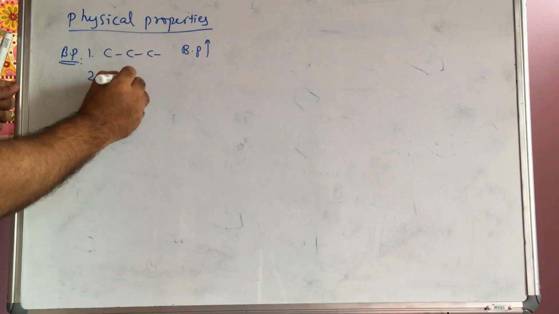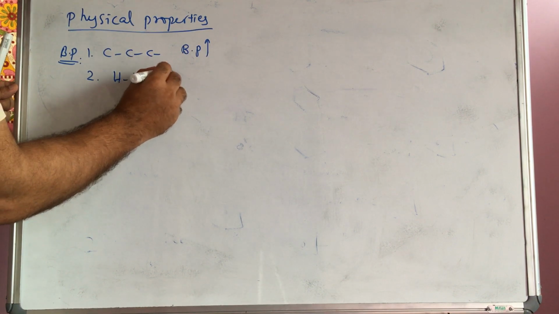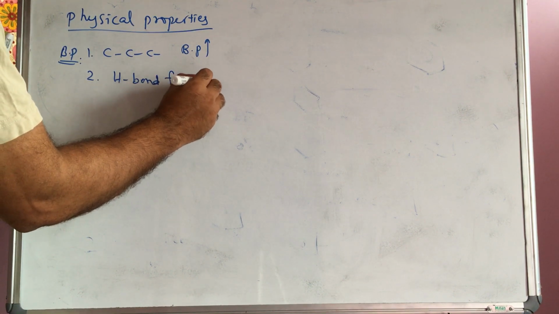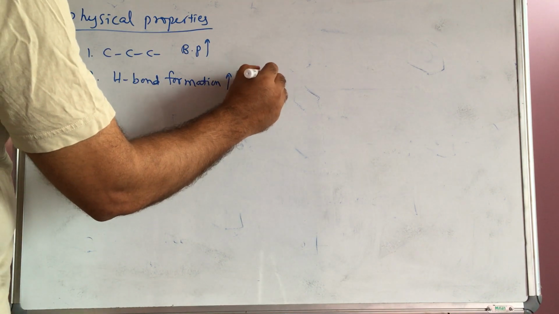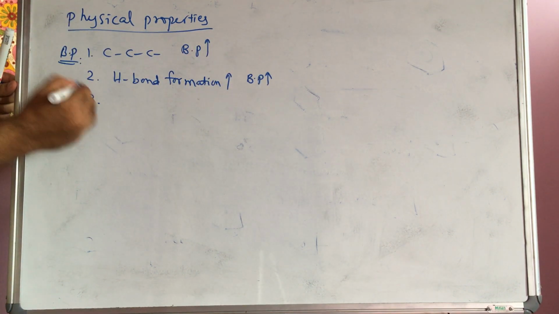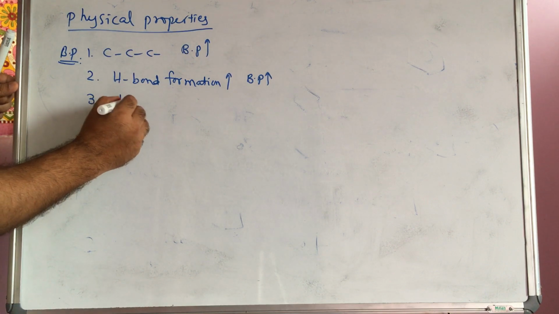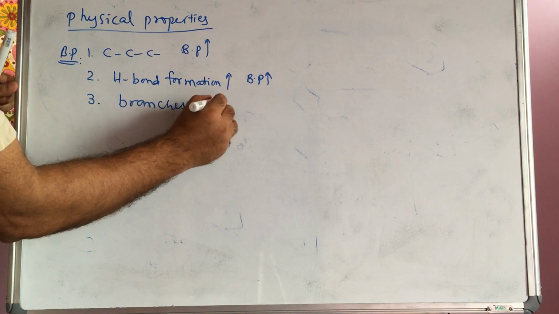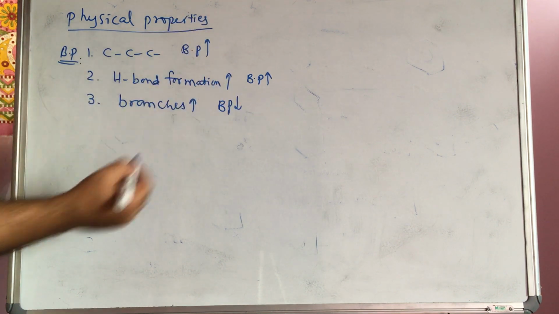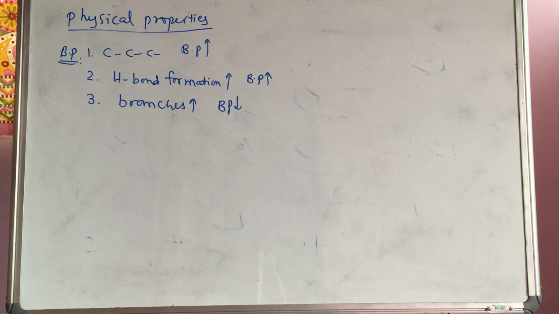Next, hydrogen bond formation increases, boiling point increases. Next, third one, branches increase, boiling point decreases, due to the spherical shape, less surface area, boiling point will be decreased.